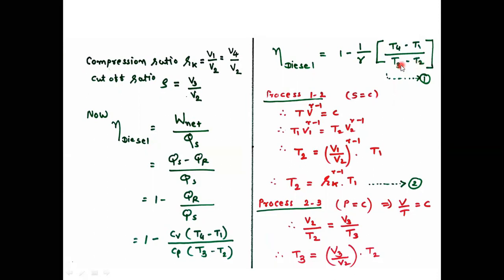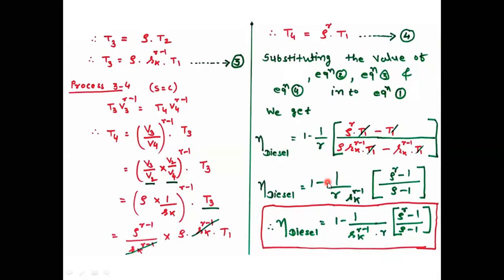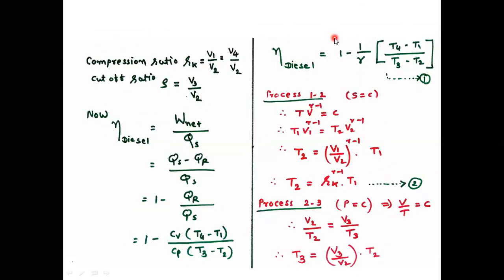So I have to substitute the value of equation 2, that means T2, the value of equation 3, that is T3, and the value of equation 4, that is T4, into equation 1, this equation. So 1 minus 1 upon gamma as it is, T4, T3 and T2 we can get from equations 2, 3 and 4, and T1 as it is.